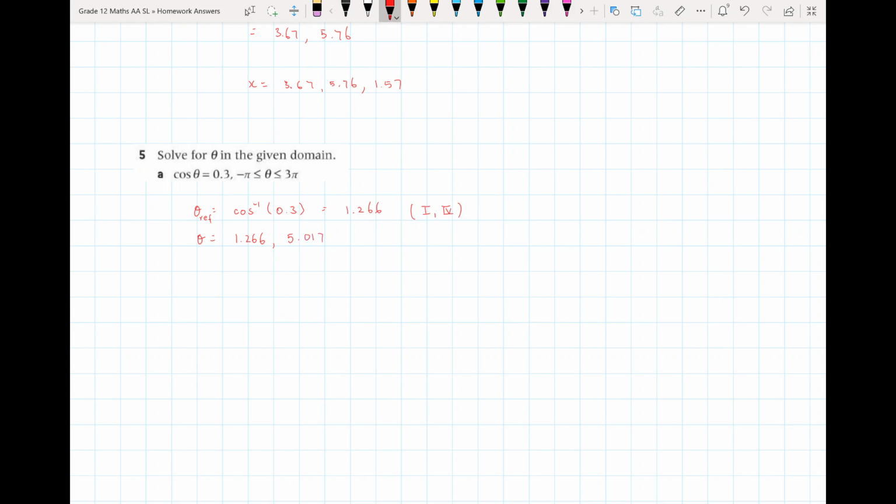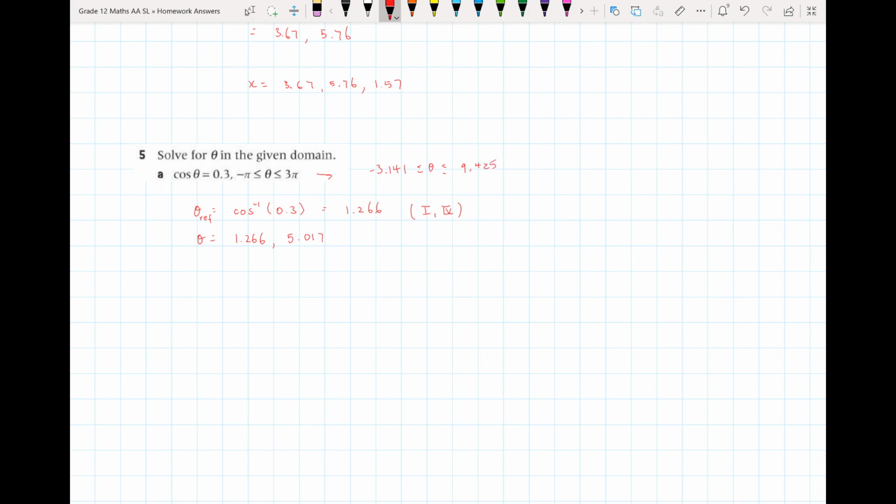Now let me just convert this to decimals. So from negative pi to 2 pi, 3 pi. So I have these decimal approximations.